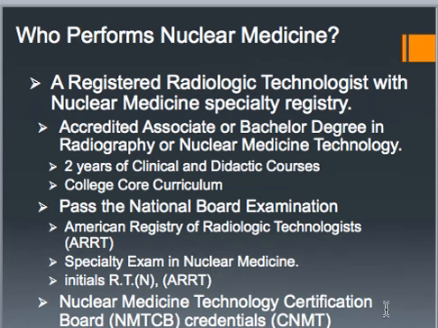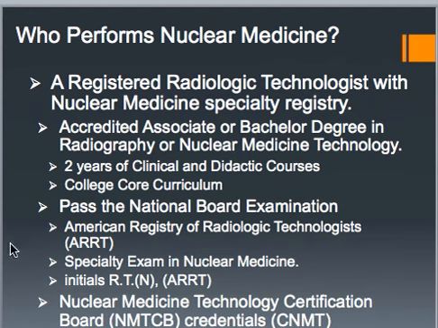There's also a nuclear medicine technology certification board, which is the NMTCB, and the credentials are CNMT. NMTCB stands for Nuclear Medicine Technology Certification Board. So if you're ever asked, nuclear medicine technologists are registered through, they're actually registered through the ARRT and the NMTCB.